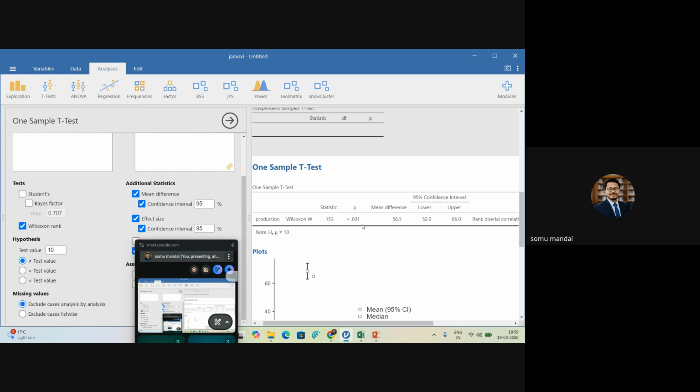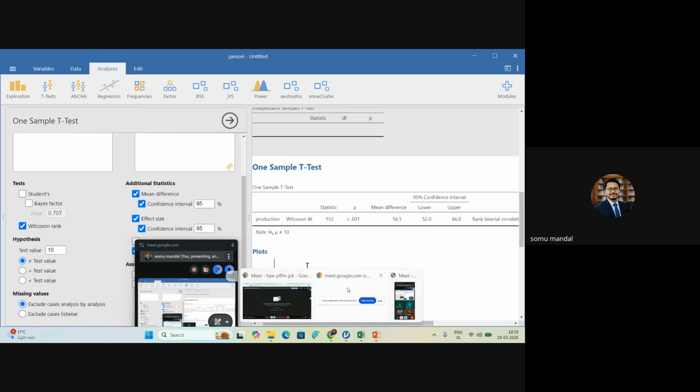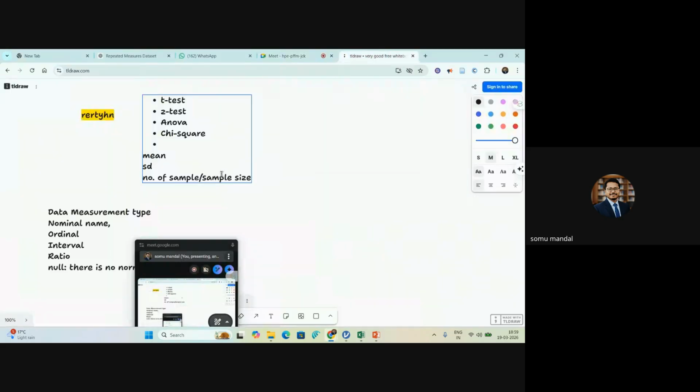But while we write down the null hypothesis or alternative hypothesis, we write it exactly like this: mu equals 10 in this case, or mu not equals 10.